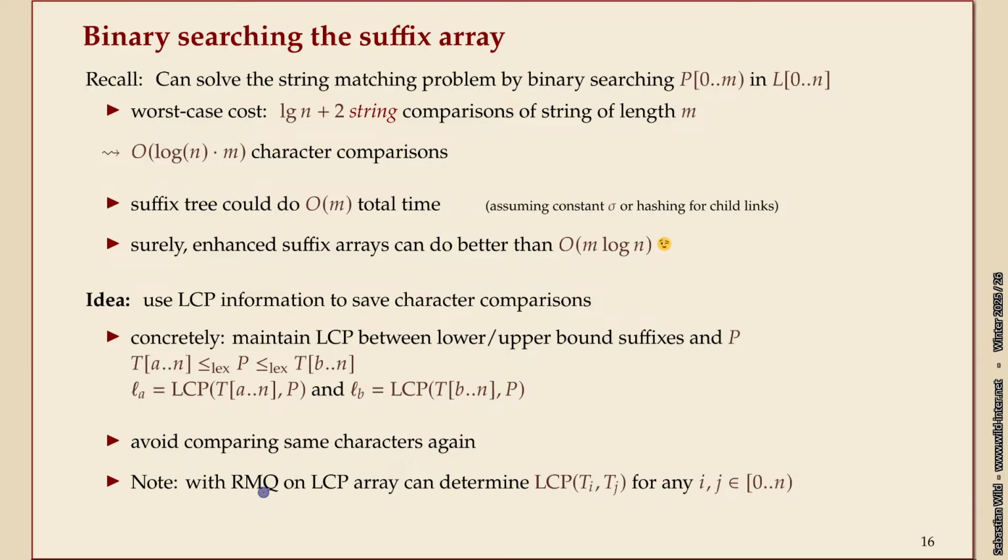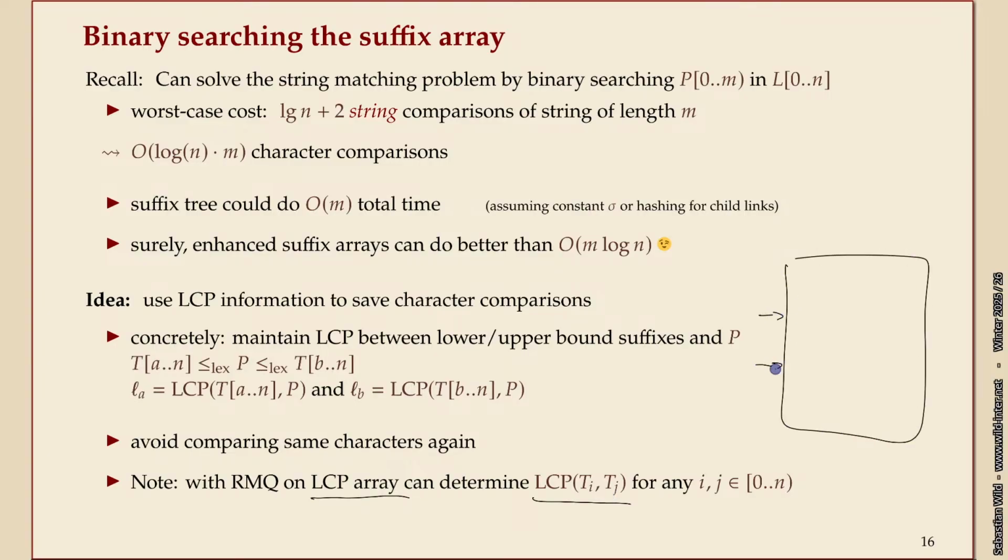And what we'll use under the hood is that with range min queries, we can, from just the LCP array, these linear extra numbers between adjacent suffixes, find the longest common prefix of any two suffixes of the text. So this doesn't directly tell us what the longest common prefix with P is, but for any positions in the text, we can do it.